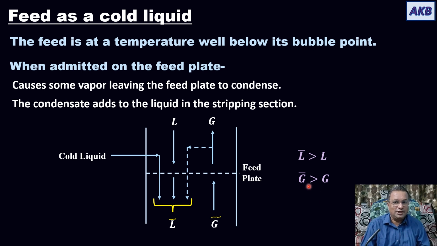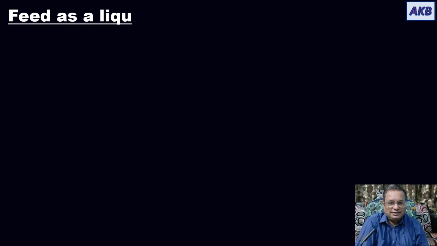Okay, now let us look at the second type of feed that we listed, and it is a liquid at its bubble point. A liquid which is on the verge of boiling, that is, feed as a liquid at its bubble point.